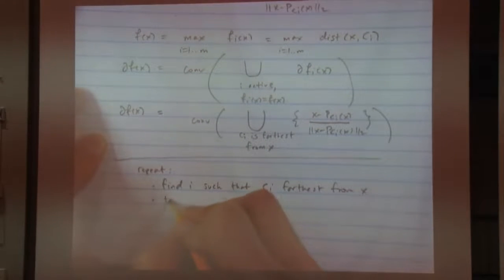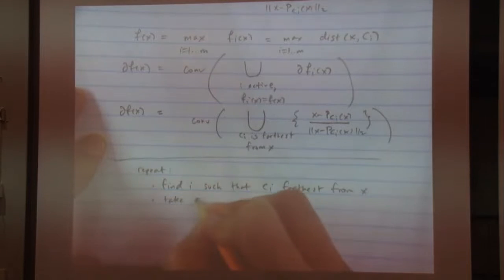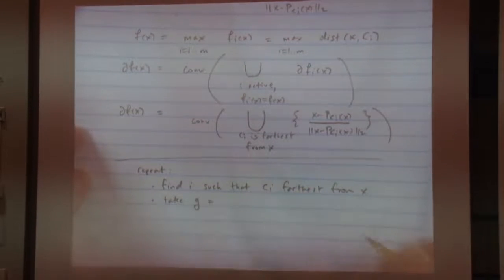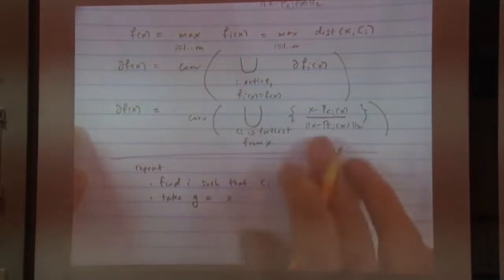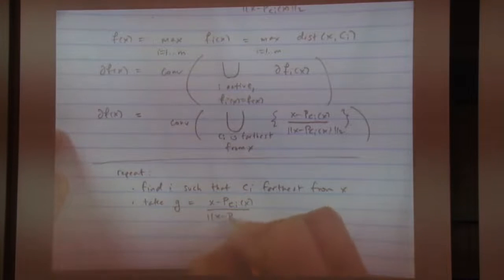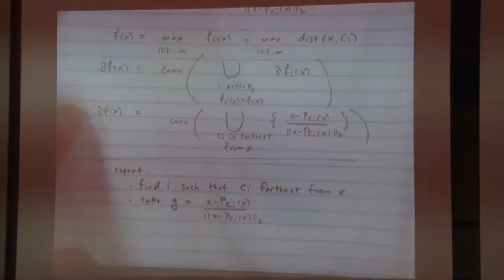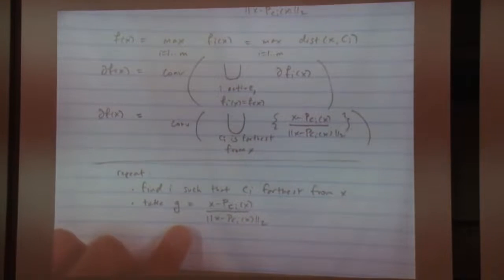We're going to take g, just to be the subgradient given by the distance function between x and C_i. From what we know up here, this is a valid subgradient of our criterion function.